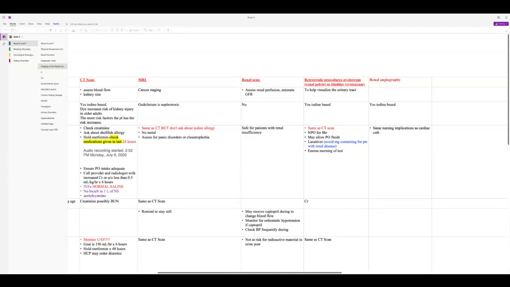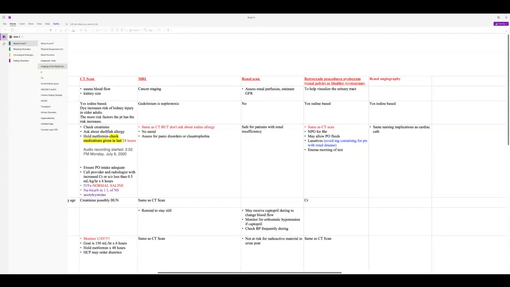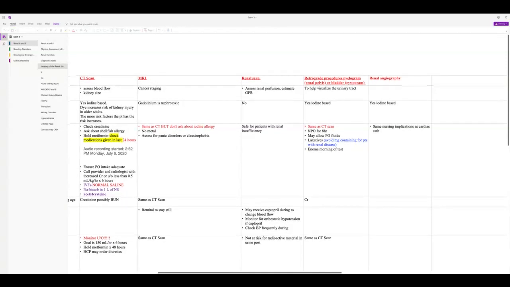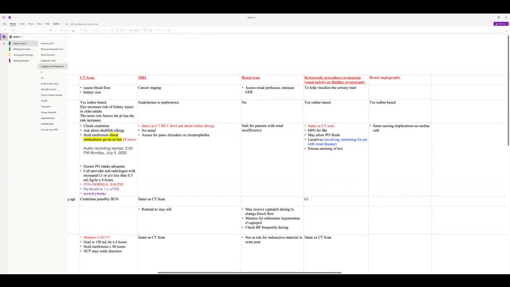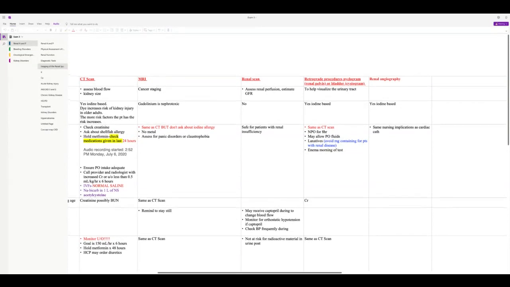They do have to clean them out beforehand so the provider can see the bladder better. So same interventions: you need the creatinine and BUN beforehand, fluids, etc. And then the renal angiography has the same nursing implications as a cardiac cath.